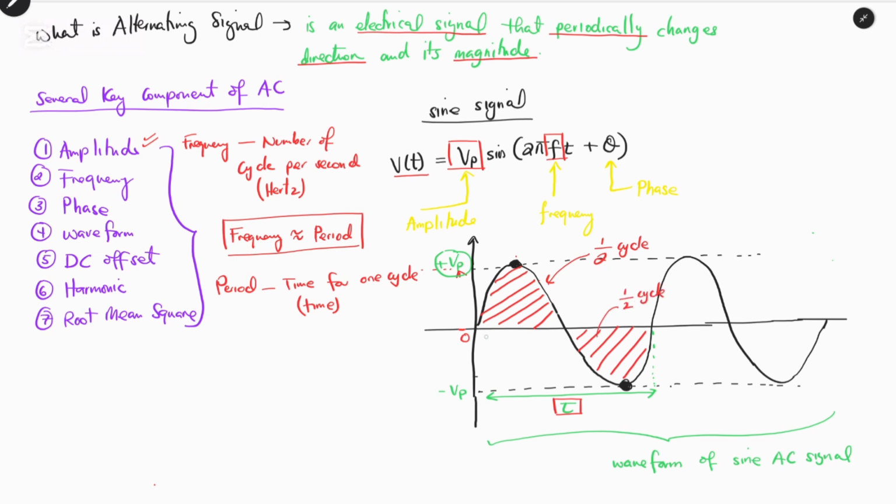So when we have this positive cycle with this negative cycle, we now have a complete cycle, and the time to complete this one cycle is called the period. And the relationship can be seen by the equation. The frequency is equivalent to 1 over the period.